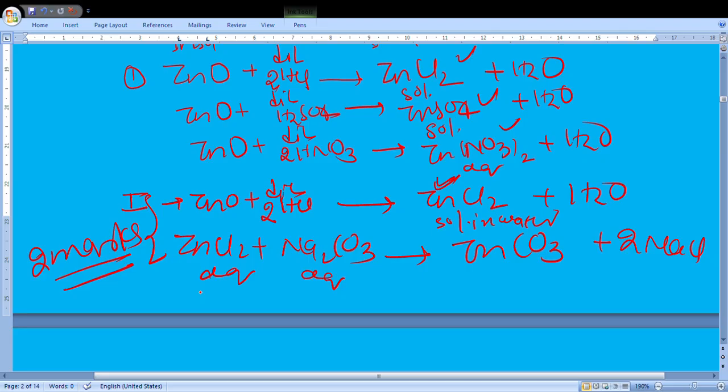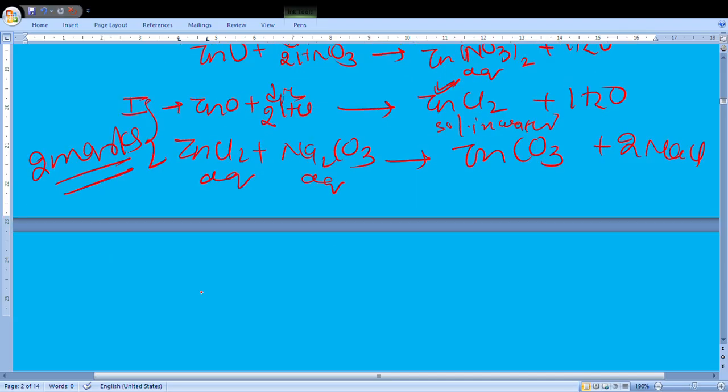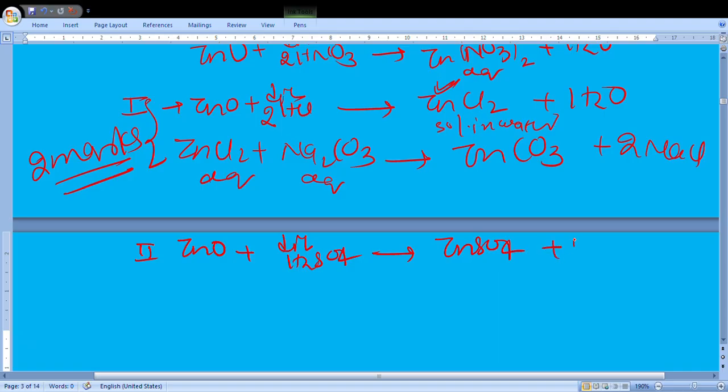If you need to prepare ZnCO3 using dilute H2SO4, first you will convert ZnO plus dilute H2SO4 to form ZnSO4 plus H2O.